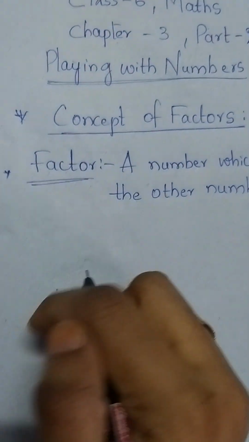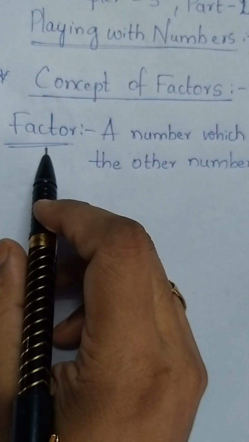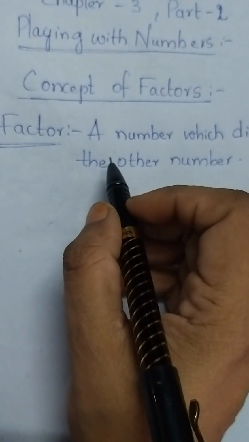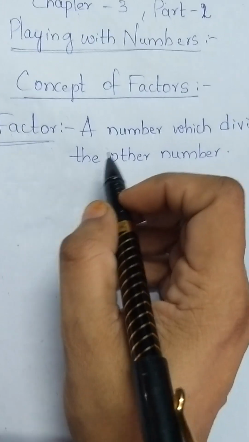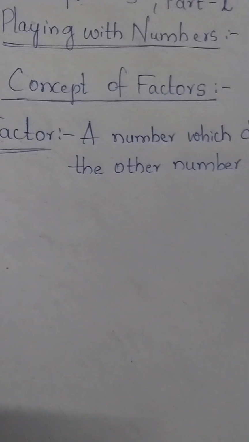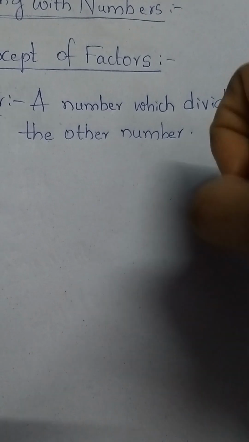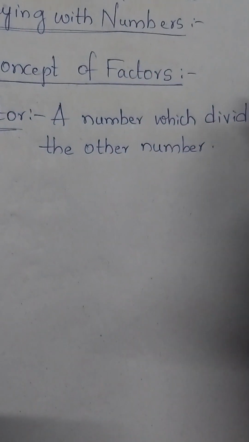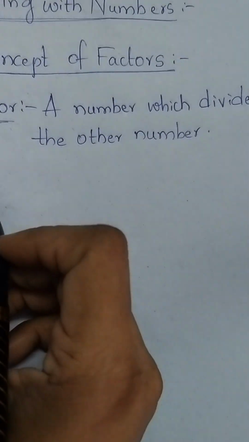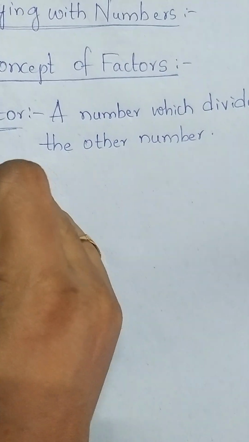If you know the factor properly, then you can do the problems easily, children. First you have to know what is meant by a factor: a number which divides another number is called a factor of the given number. A number is completely divisible by its factors.